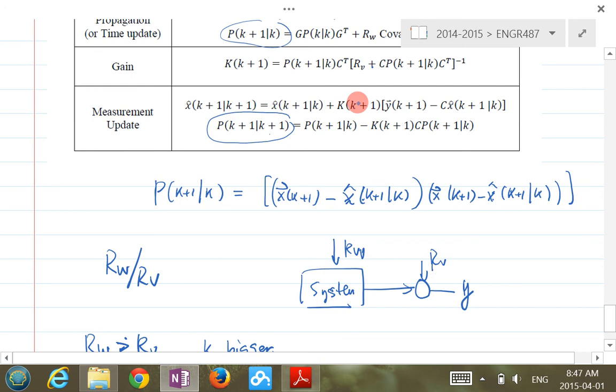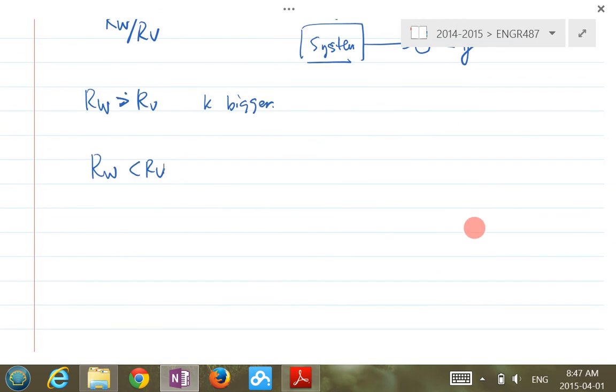After the simulation, you can easily try that. You'll see the effect of this RW and RV. The first time you design an estimator, technically speaking, you need to have a good estimate of the variance of the process noise and the variance of the sensor noise. For sensor noise, sometimes the manufacturer gives you specifications.